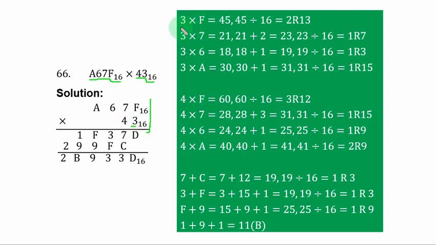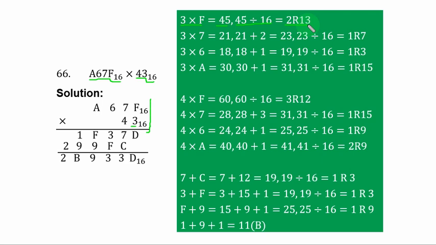So let's start with 3. So let's come here. 3 times F. F is 15 in base 16. So 3 times 15 is 45. You divide 45 by 16. You have 2 remainder 13.